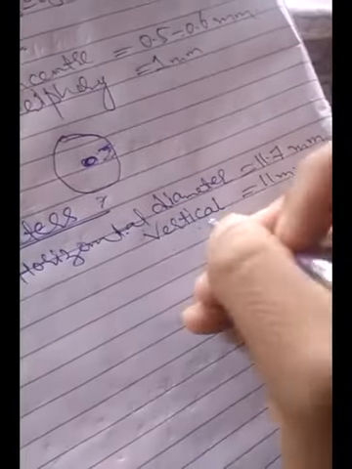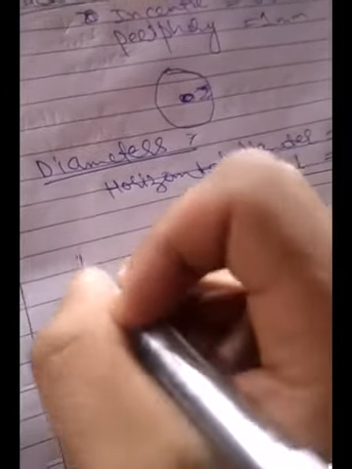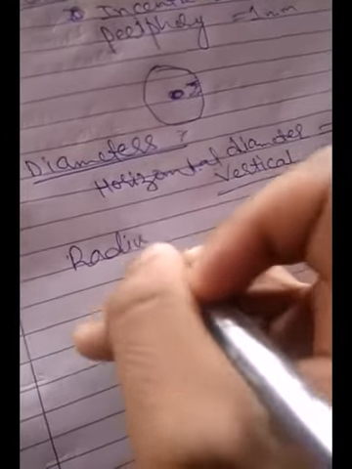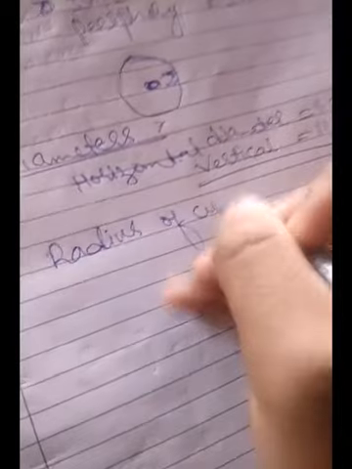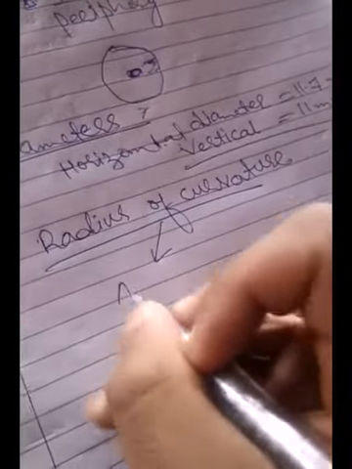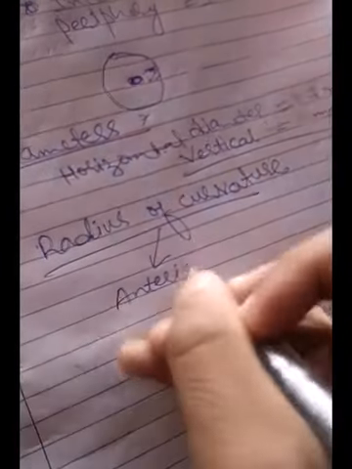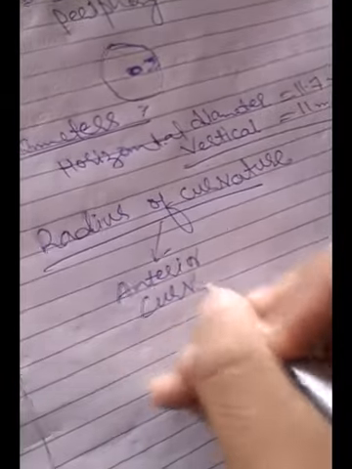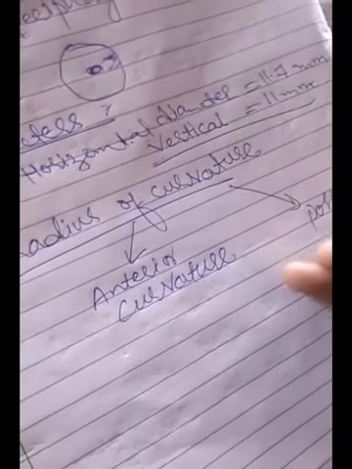In cornea, horizontal diameter is also more than vertical diameter. Curvature. This is about the radius of curvature of cornea. It has two curvatures, anterior curvature and posterior curvature.